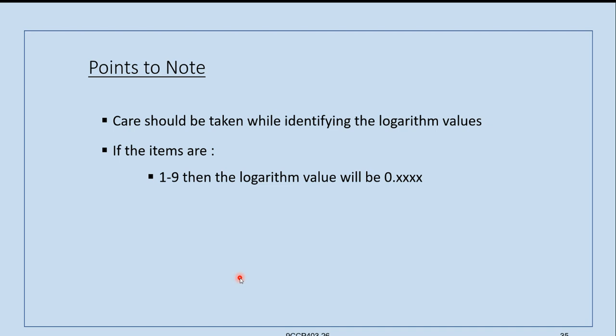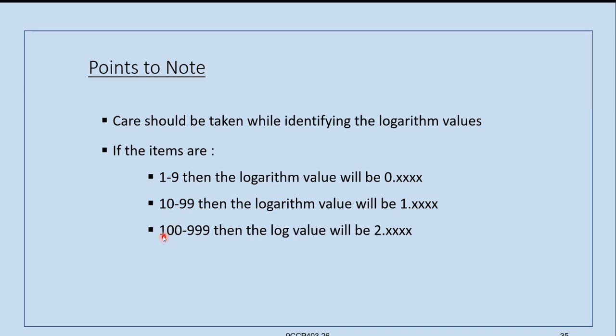Then if the items are 1 to 9, the logarithm value will be 0 point something. If you have only a single digit before the decimal, the logarithm value will be 0 point something. If the number is 10 to 99, the logarithm value will be 1 point something, because the characteristic of a 2-digit number is 1.